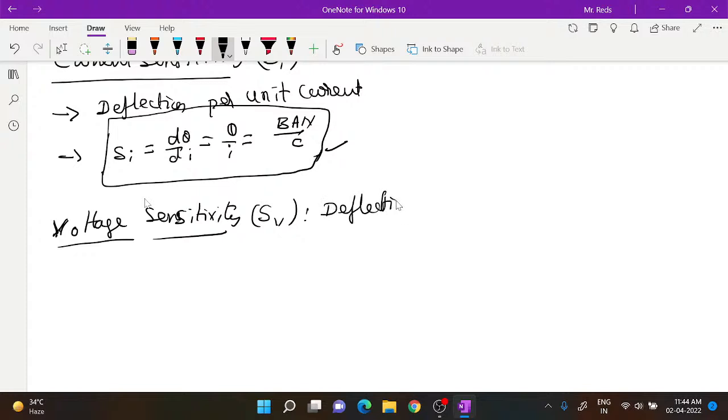Deflection per unit voltage is called the voltage sensitivity of a galvanometer.